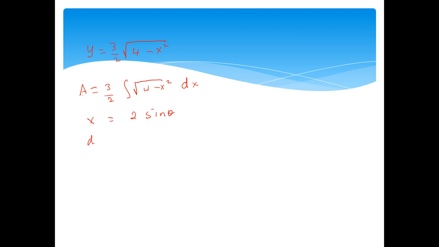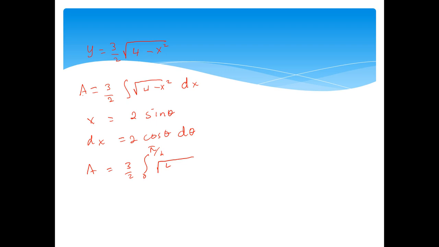That means dx equals 2 cosine theta d theta. So then we say the area is going to be 3 over 2 integral from 0 to pi over 2. So when my x is equal to 0, theta is going to be 0. When my x is equal to 2, theta is pi over 2. Because you just change the limits using theta this time.